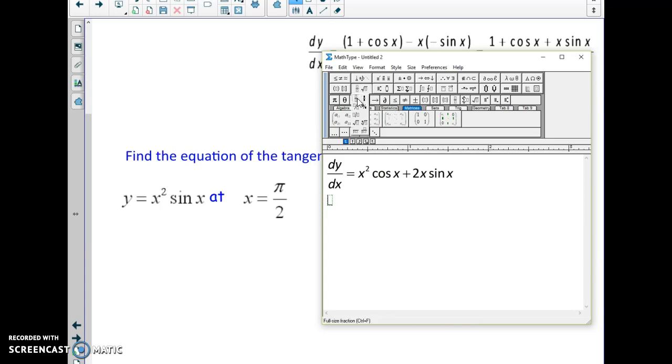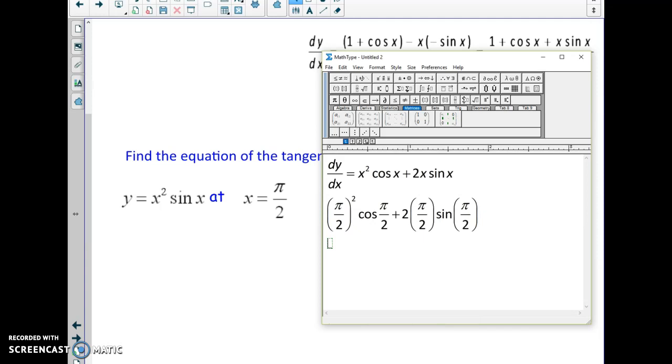So in doing that, I'm going to have, put some parentheses here, pi over 2 squared times cosine of pi over 2, which you're welcome to just calculate it all out, plus 2 times pi over 2 times sine of pi over 2.